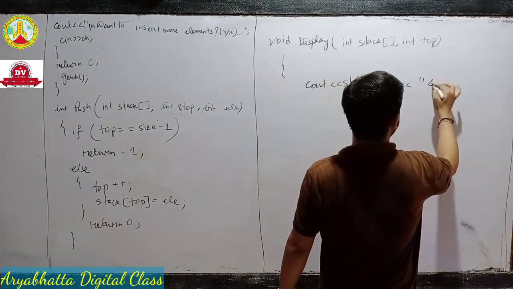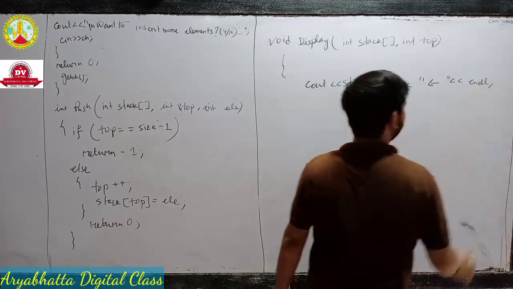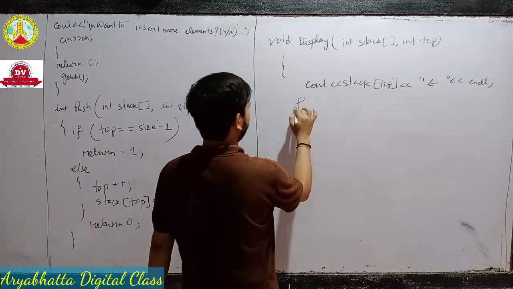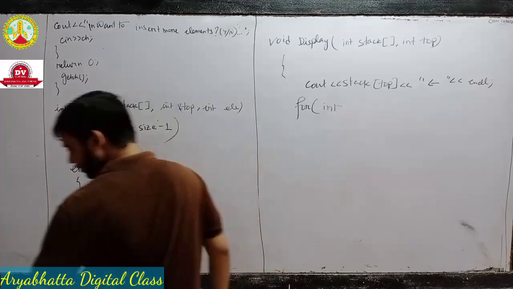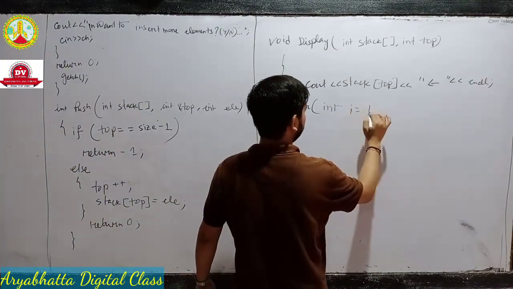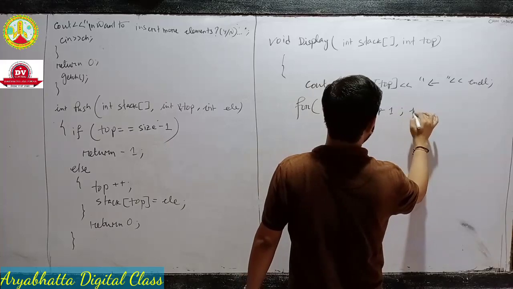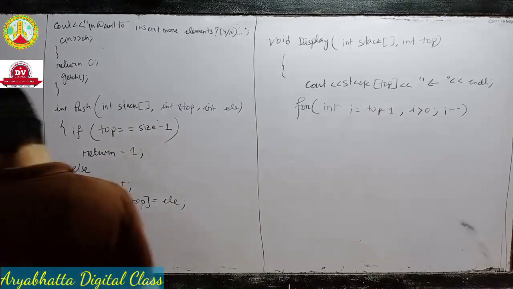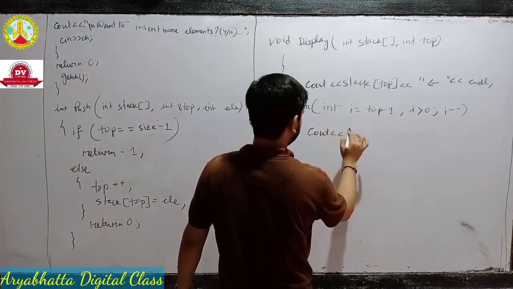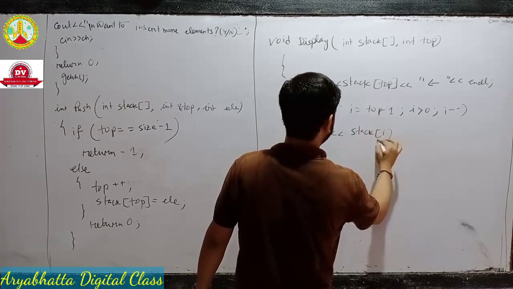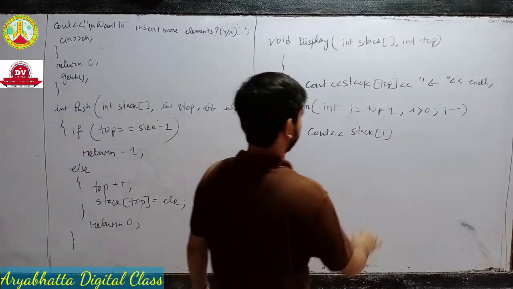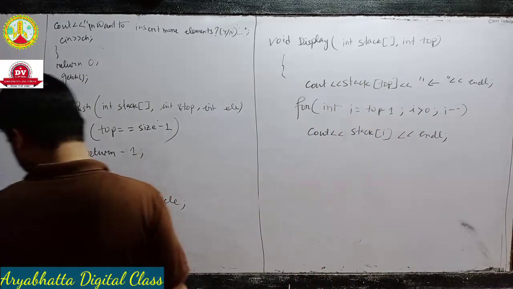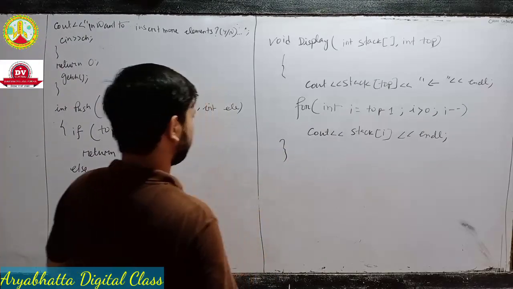This is a printing statement. Okay, endl means end the line. I have already told you, endl means end the line, and for display we use one loop, a for loop: int i is equal to top minus 1, i greater than 0, i minus minus. cout stack i endl. Again end the line.